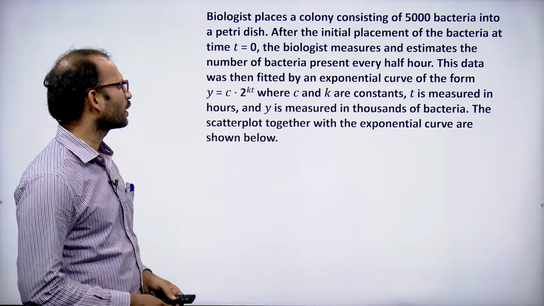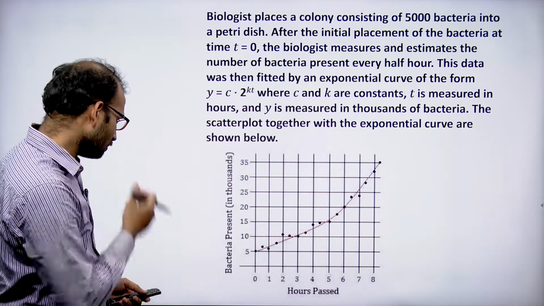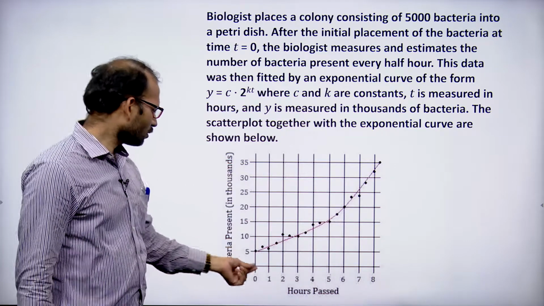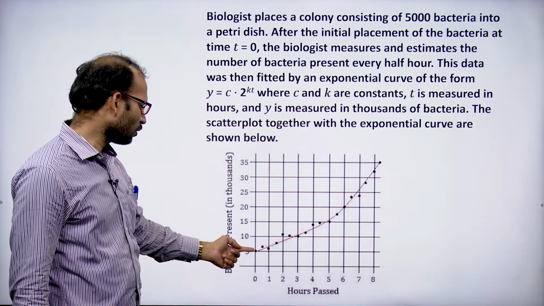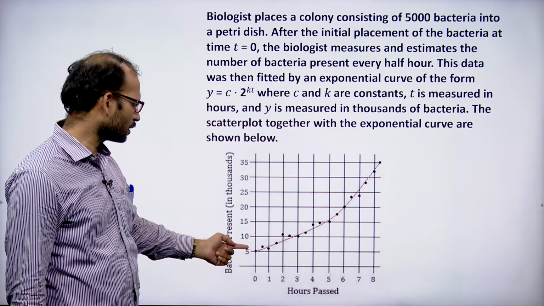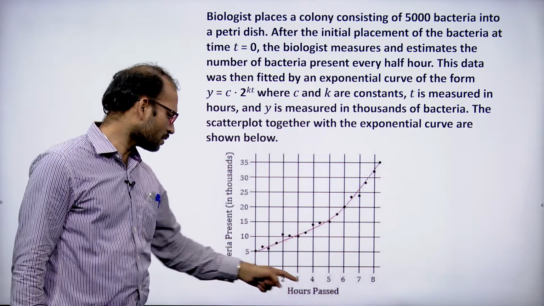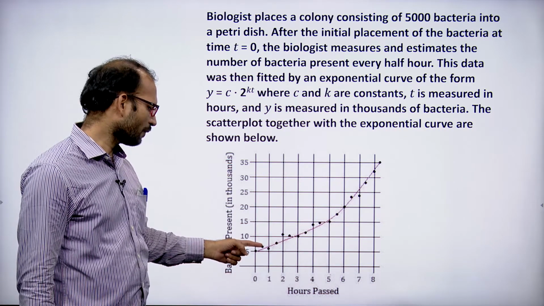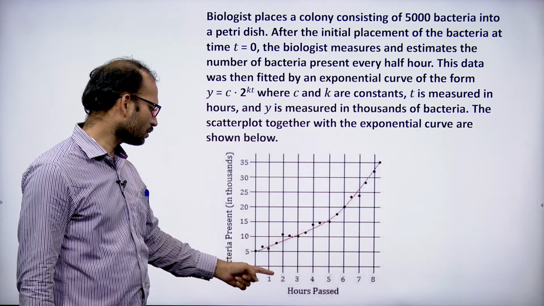The scatter plot together with the exponential curve are shown below. See the graph. Bacteria present in thousands: initially at t equal to 0, 5000. After half an hour, more than 5000. After 1 hour, nearly 6000.